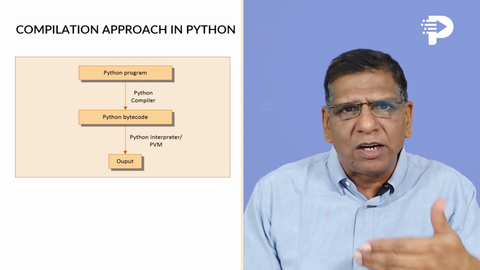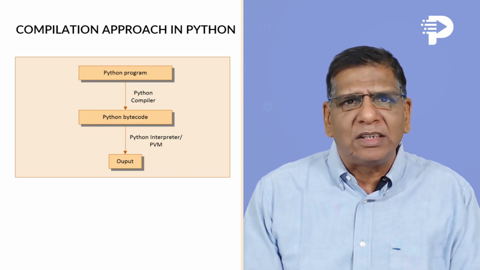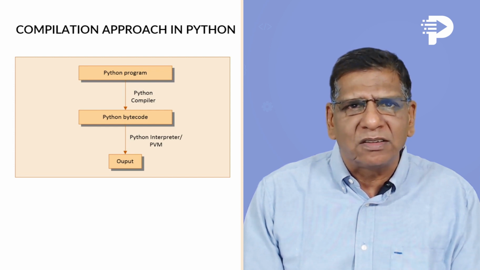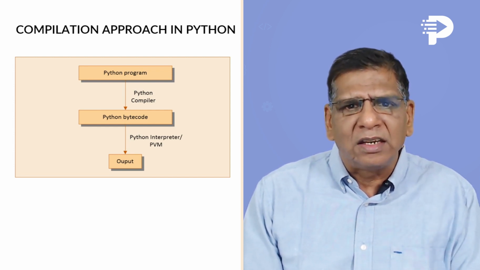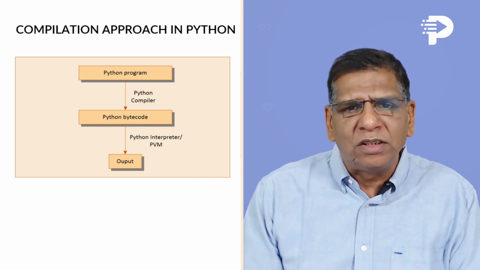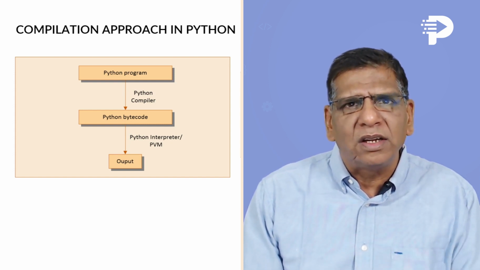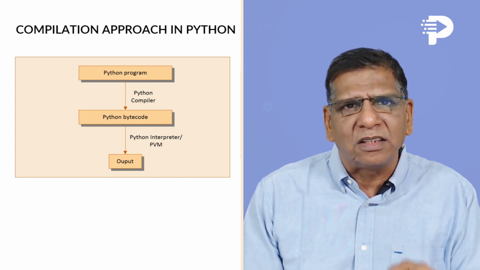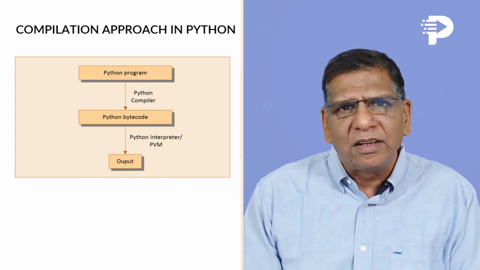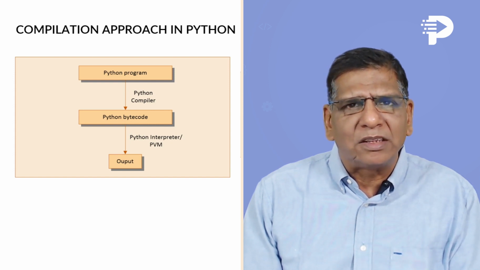So the compiler will take the Python program as the input and generate the byte code instructions, which are readable instructions. And then these byte code instructions are converted into the machine language instructions on the fly by the Python interpreter, which is often also known as Python virtual machine.